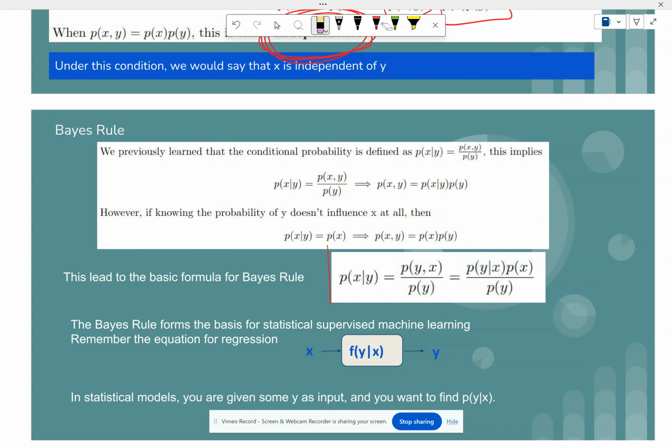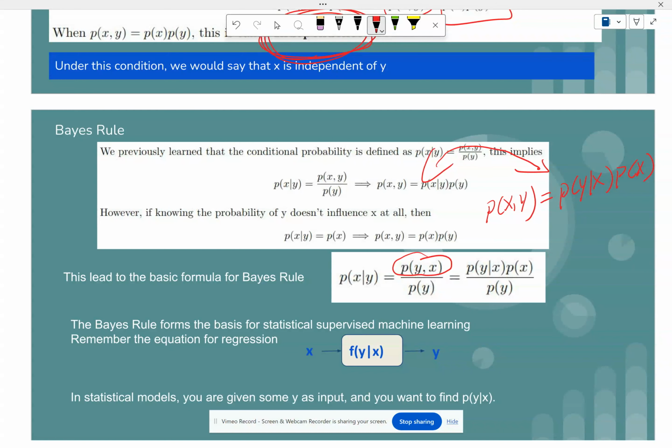If I combine this idea with the joint right here, and rewrite the joint this way, so P of X, Y, notice it can be given X or given Y. So this could be P of Y given X, P of X. The two of them are actually equivalent, so take a second and realize that you can write it both ways.